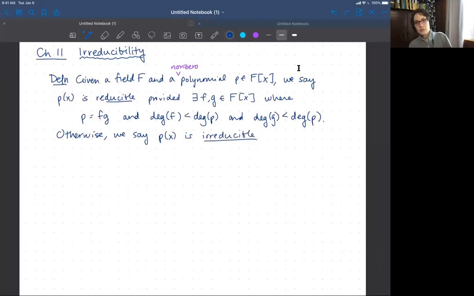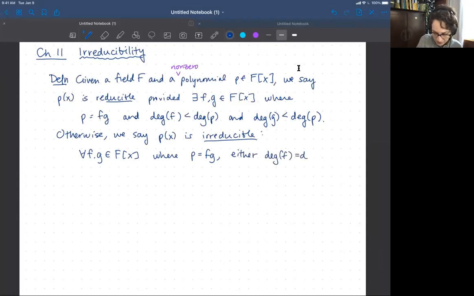And let's think about what it would mean to logically negate the definition of reducible. It means that for all F and G in F bracket X, where P equals FG, either the degree of F is equal to the degree of P and the degree of G is 0, meaning that G is a constant polynomial.